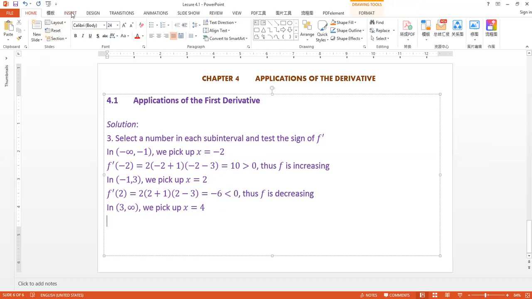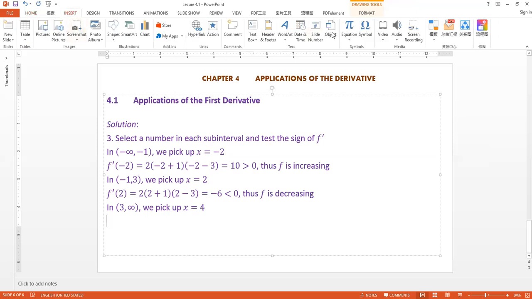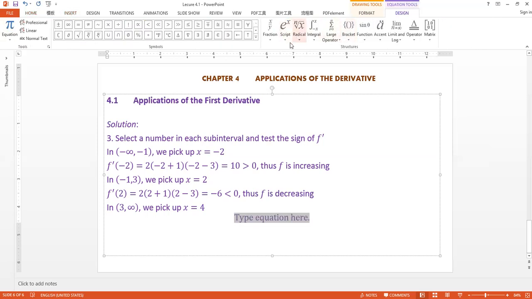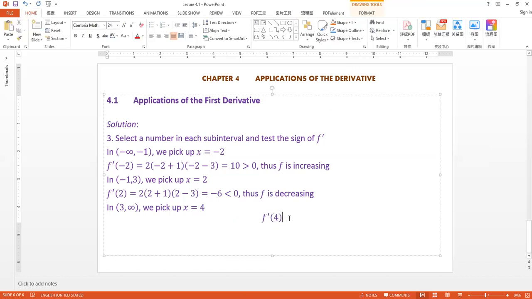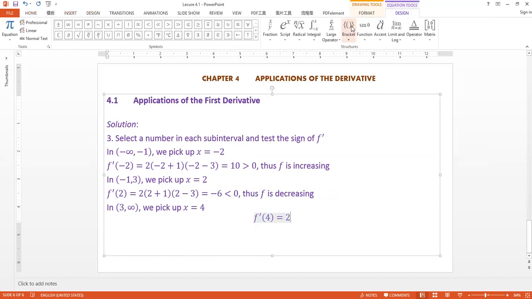So let's just compute the derivative of f at x equal to 4. So f prime of 4 is just equal to 2 times (4 plus 1) times (4 minus 3).